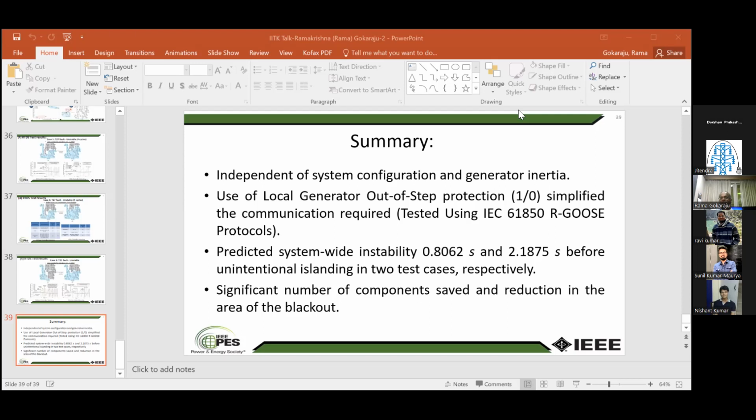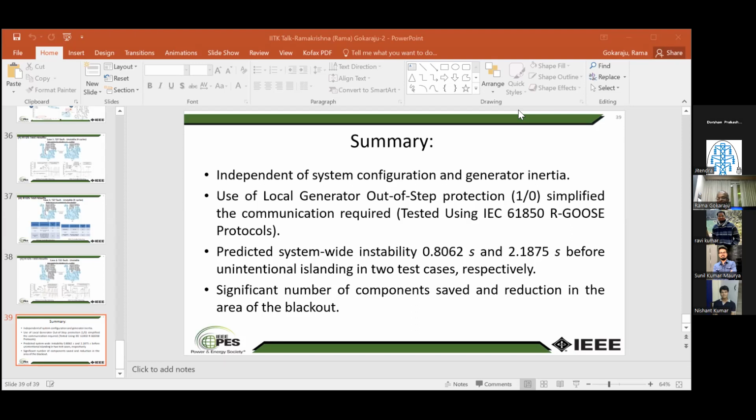At select points on the system, we do the equal area representation in the time domain. We calculate the accelerating and the decelerating areas for small increments. If they become equal, then it is stable, otherwise it becomes unstable. Because we do it in the time domain, we can do it as a local out of step protection on a line or on a generator.